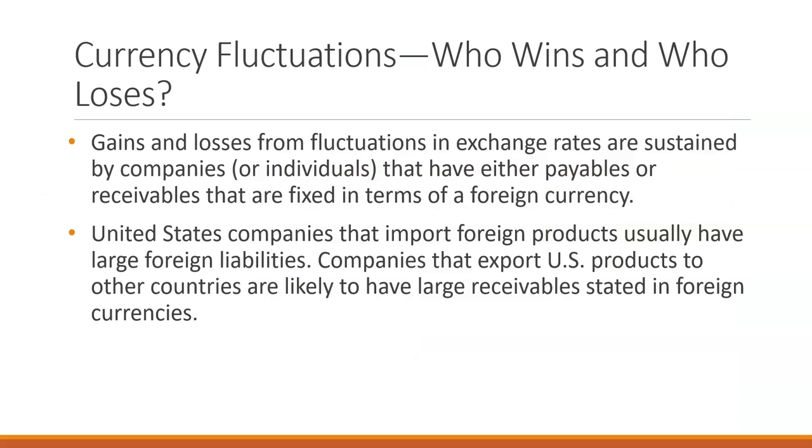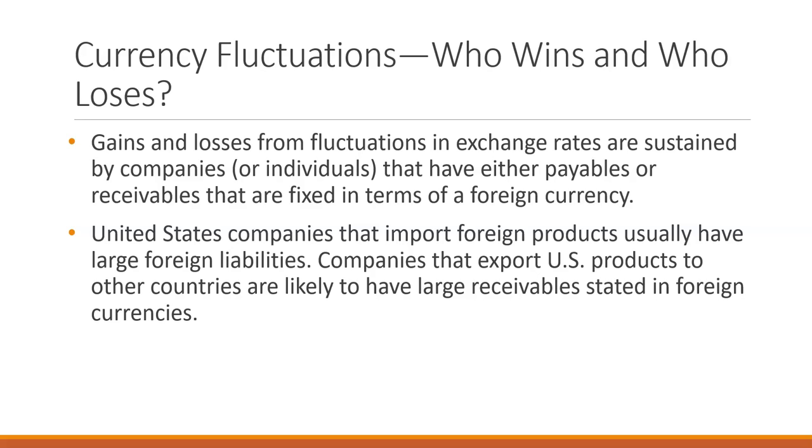So who wins and loses? Usually, they kind of net themselves out. However, US companies that import a lot of foreign products can have large foreign liabilities. And companies that export US products to other countries are likely to have large receivables stated in foreign currencies.